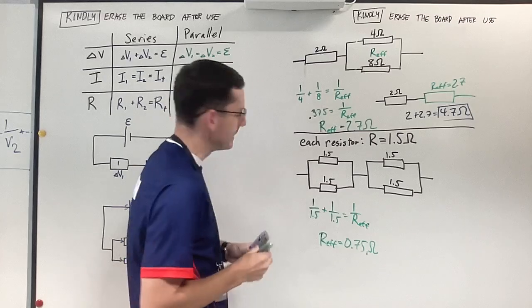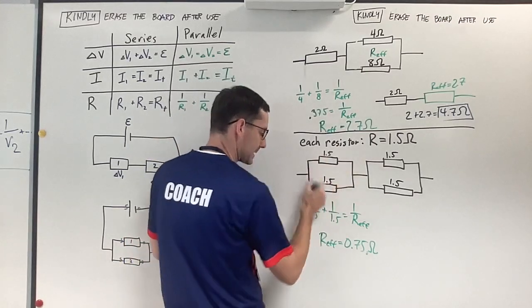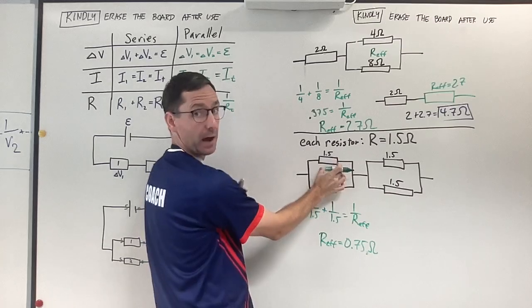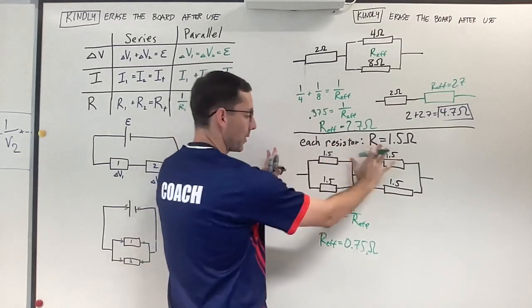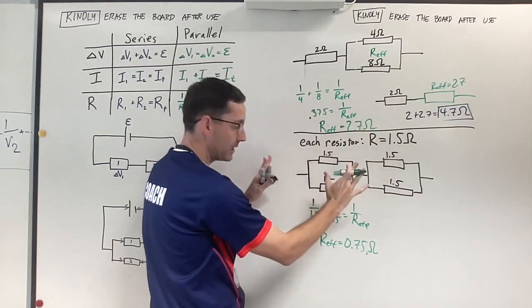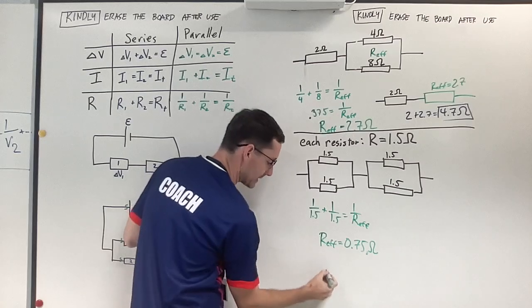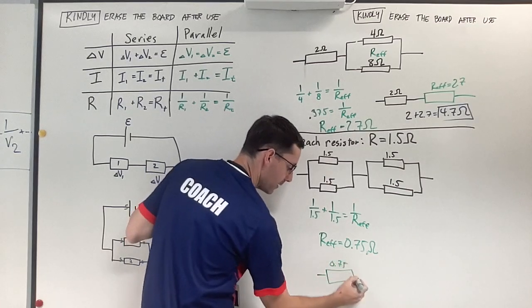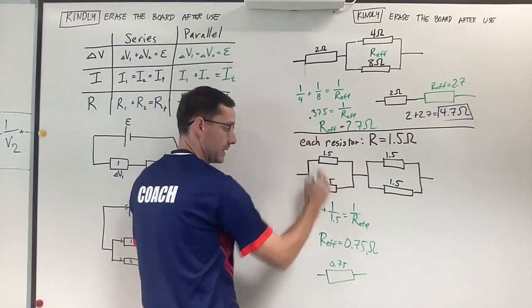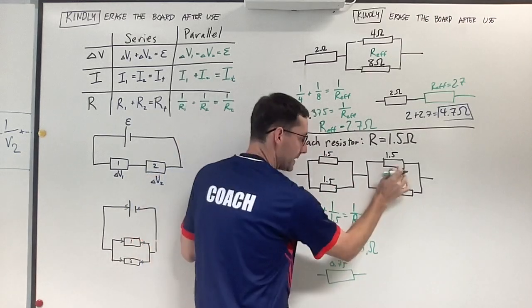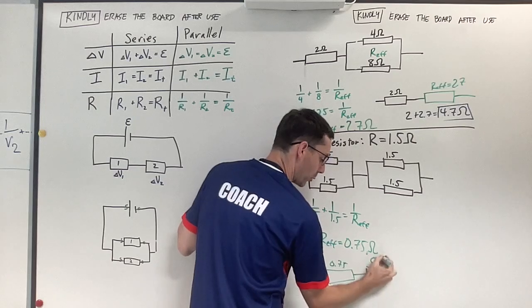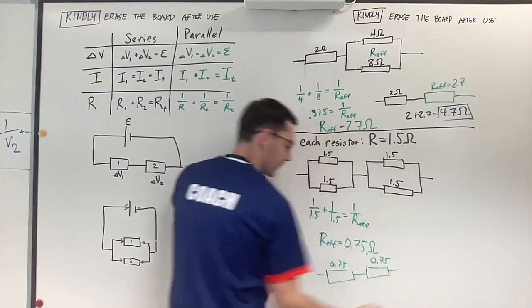All right? Now, you may notice that, yes, this is a parallel. This is also parallel, and it's identical to that one. And so if I simplify this, really what it's going to turn into is a single 0.75. So that's this piece right here. And then this piece right here would also be a 0.75 resistance.